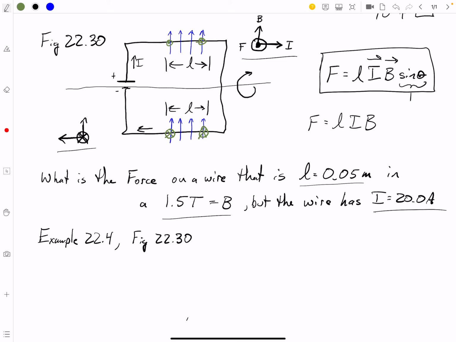So we're going to use F equals ILB sine theta. Of course, theta is equal to 90 degrees, so this equals 1.